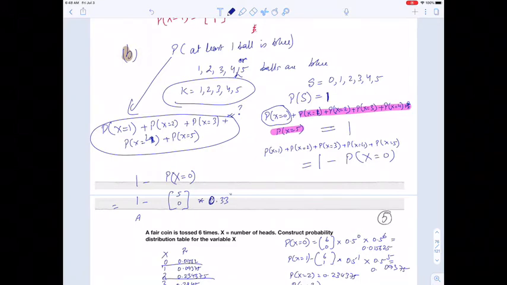Raised to the power 0, times 0.67 raised to the power 5. So what does that come out to be? Let me do it again.